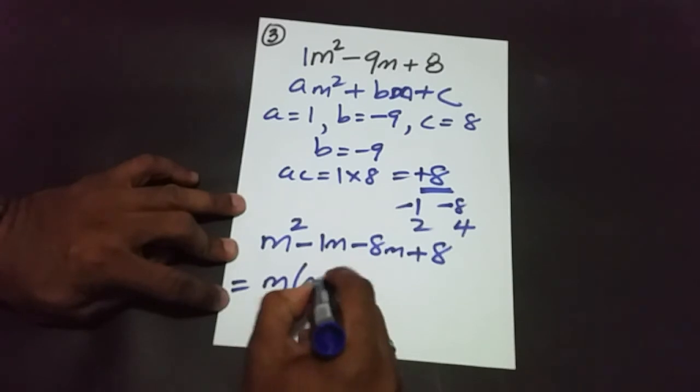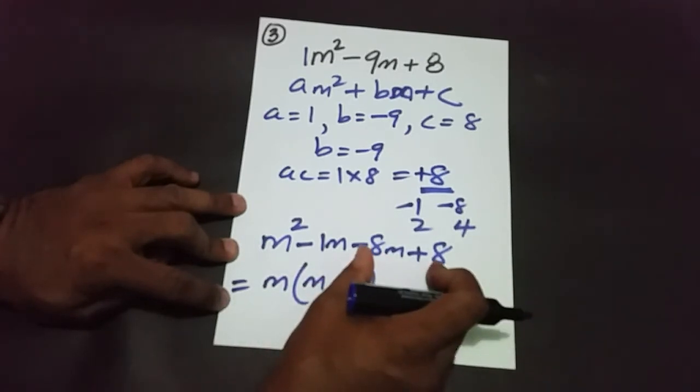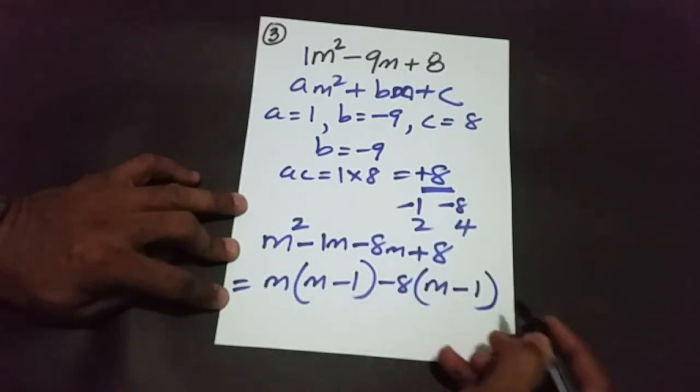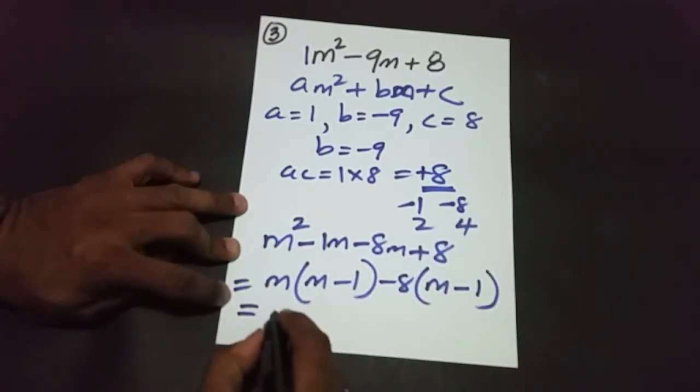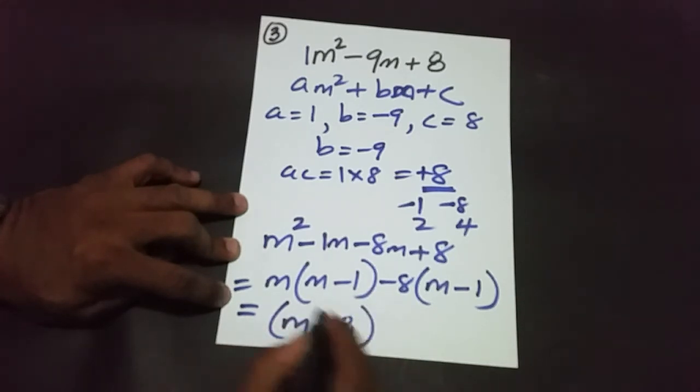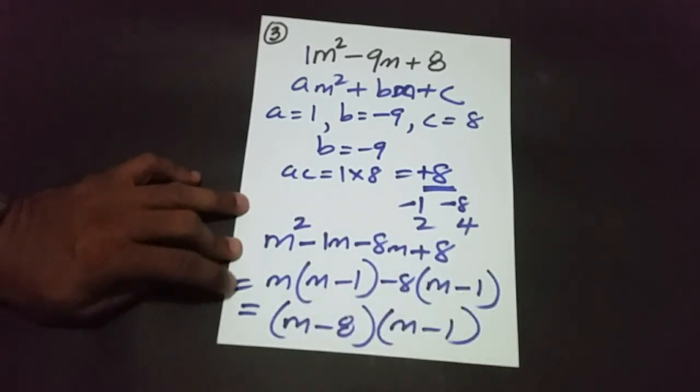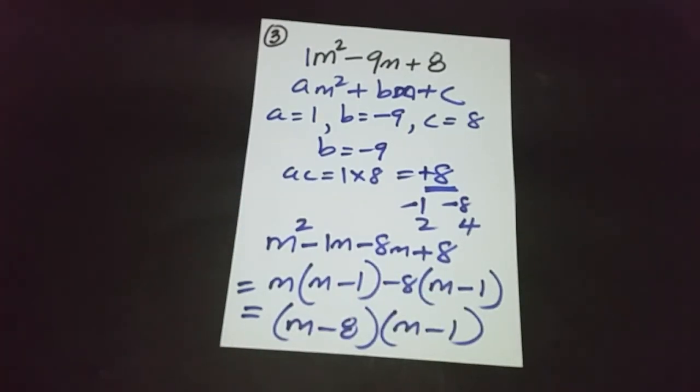So I'm factoring out the m here. And here, minus 8 is common, so I would have m minus 1. Same thing in the bracket here, so good to go. So the final answer would be in one bracket m minus 8, which is what I get from here, and in the other bracket m minus 1. So that should have been your answer for question 3.